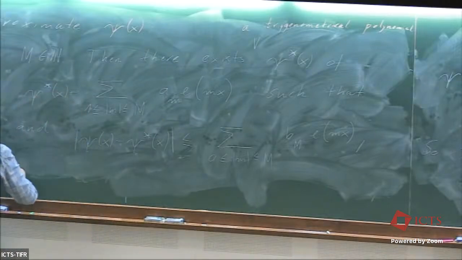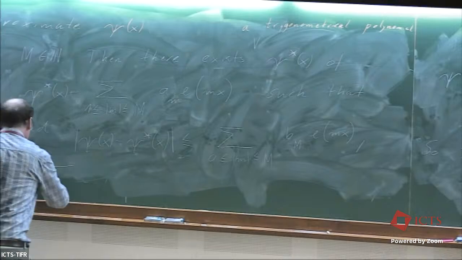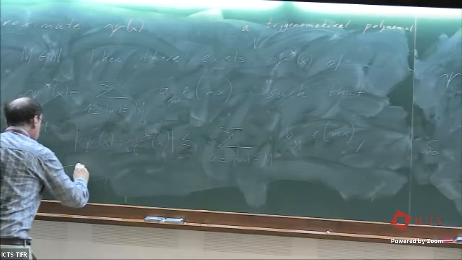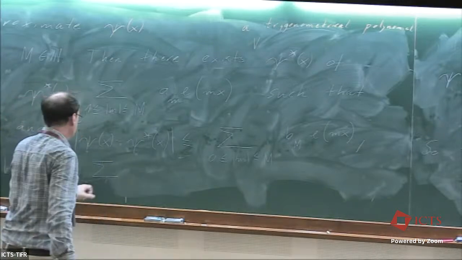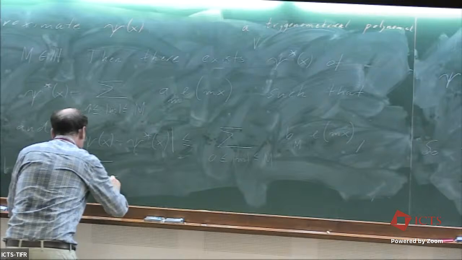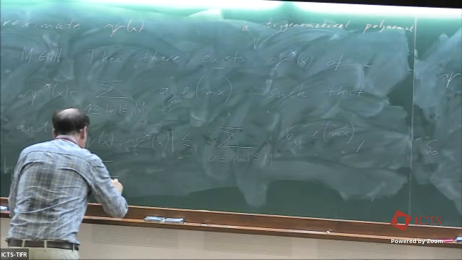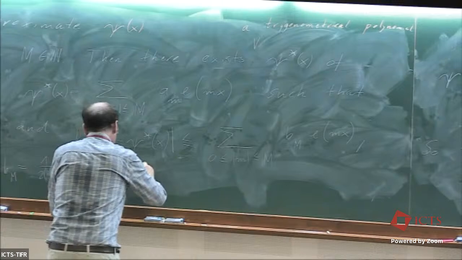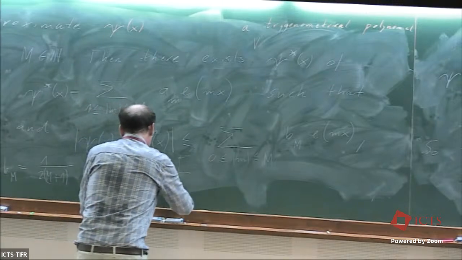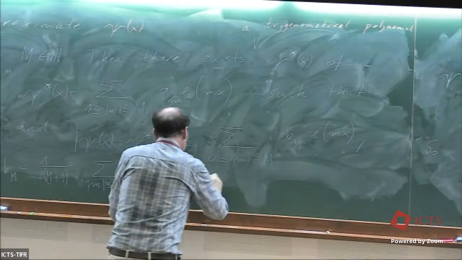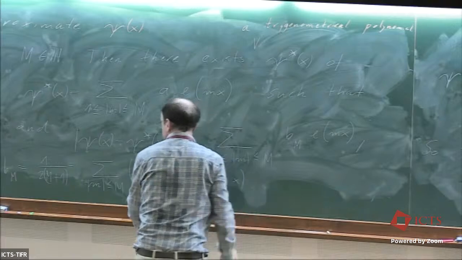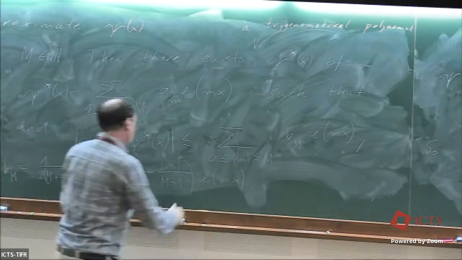Yeah, bm is equal to 1 divided by 2m plus 1 times sum m less or equal m, 1 minus m divided by m plus 1 e of mx.